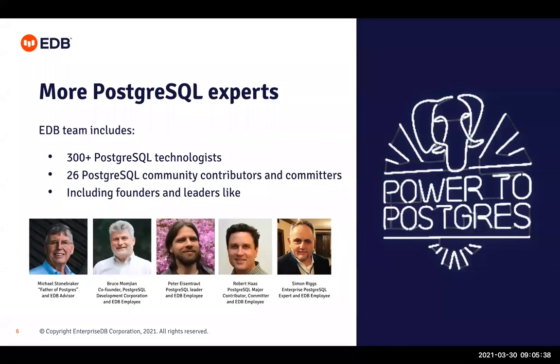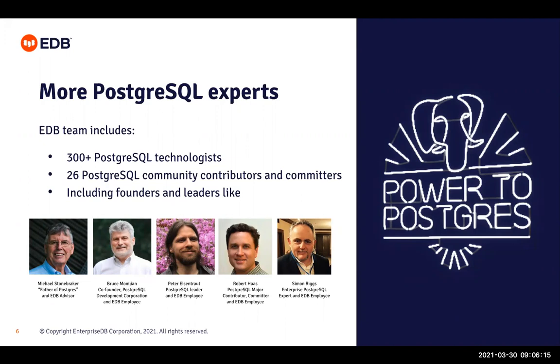So more SQL, so more Postgres experts. We now have 300 Postgres experts, 26 of those are community contributors and committers. And we have people that, if you work with Postgres, you'll know, like Michael Stonebraker, who's basically the father of Postgres, the inventor of object-oriented relational databases 25 years ago.